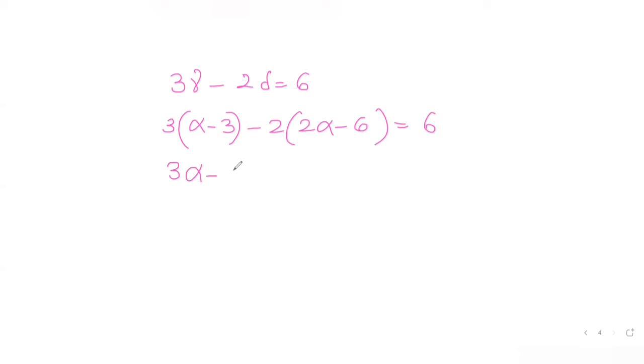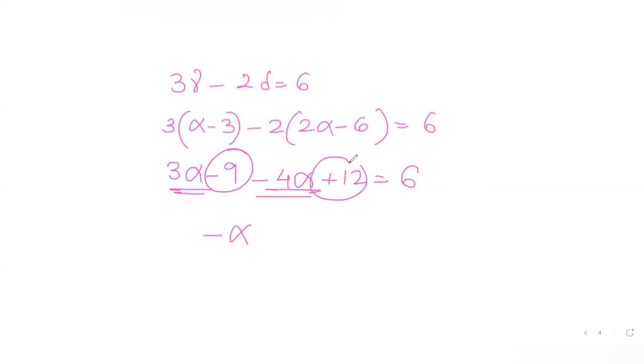So we get 3 alpha minus 9 minus 4 alpha plus 12 equals 6. So minus alpha plus 3 equals 6, and from here alpha is 3 minus 6, which is minus 3.